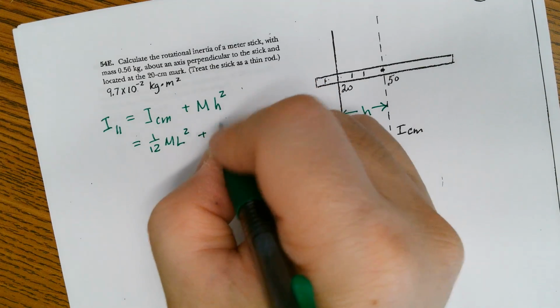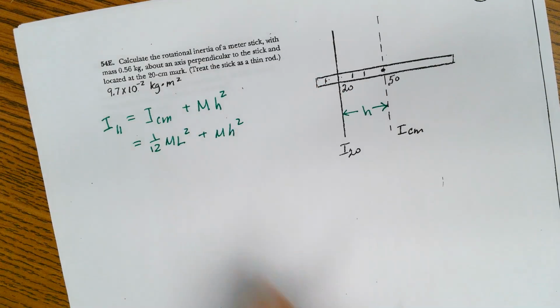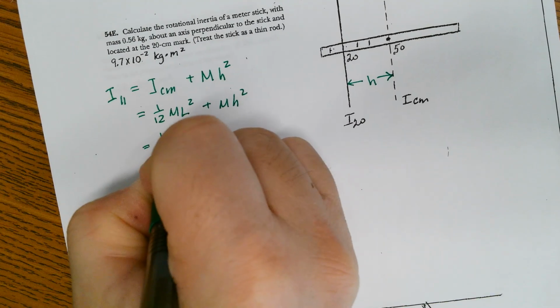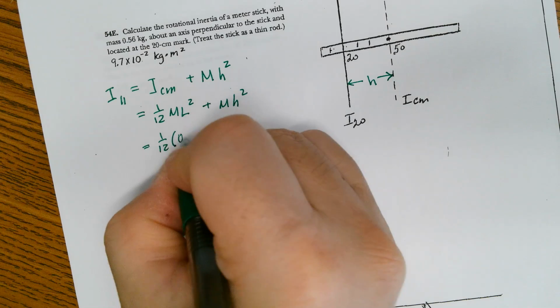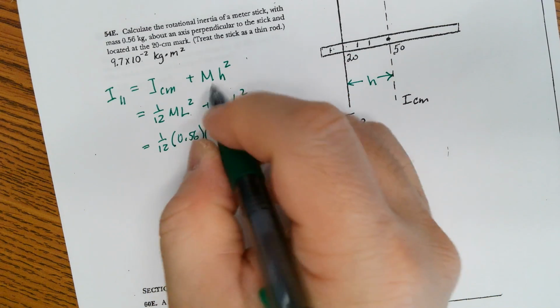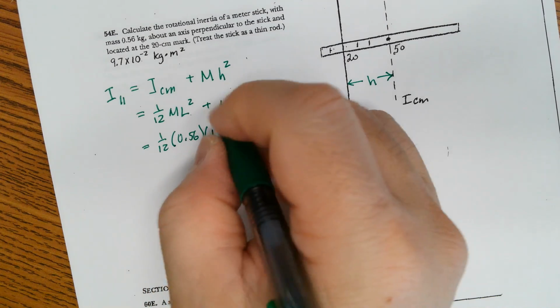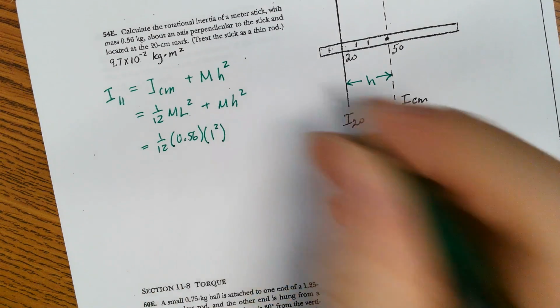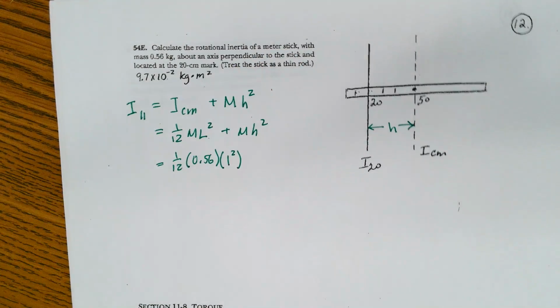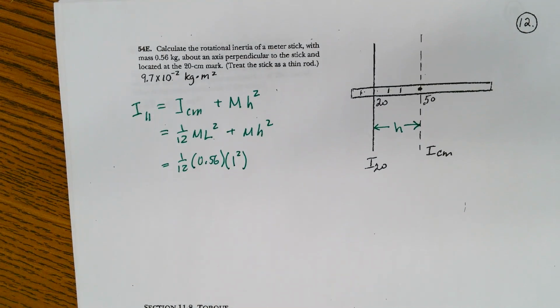Plus m h squared. So 1/12 times the mass, which is 0.56. The length is 1 meter because it's a meter stick. Some students were asking what the length of it is. Well, it's a meter stick, so it's 1 meter, duh.